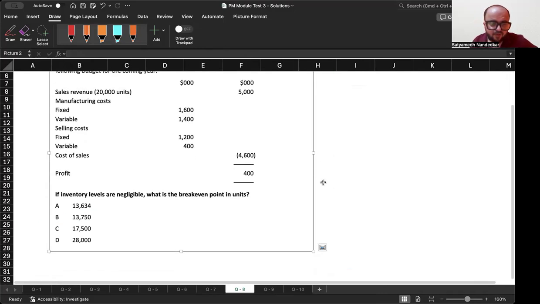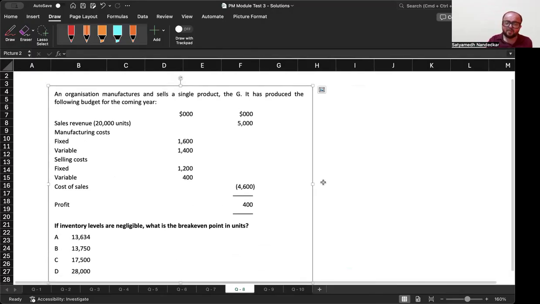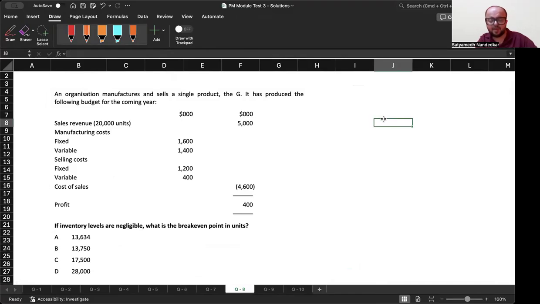If inventory levels are negligible, what is the break-even point in units? Break even point is fixed cost upon contribution per unit. Okay, sales revenue 20,000. 5,000 is the sales minus 1,600. Sorry, no, that is again. Let's write down our fixed cost here.